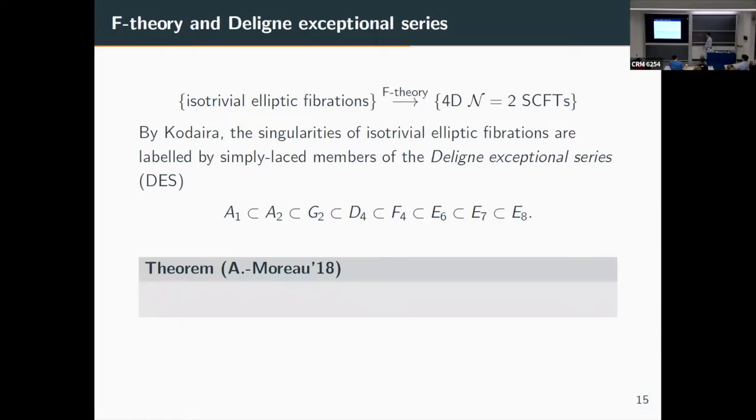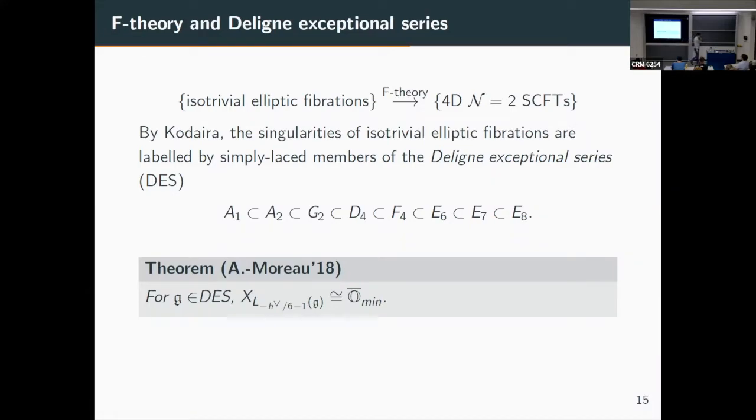And what we did with our model is that if G is one of this Deligne exceptional series, then the associated variety is isomorphic to the minimal nilpotent orbit closure. And this is new. This is not admissible when G is simply laced, because this number is a negative integer.